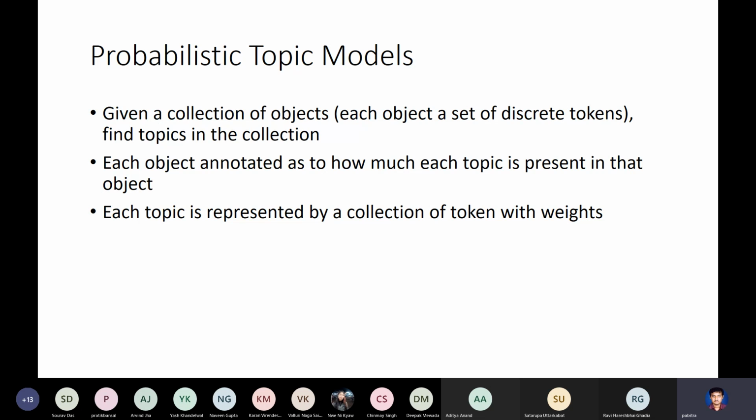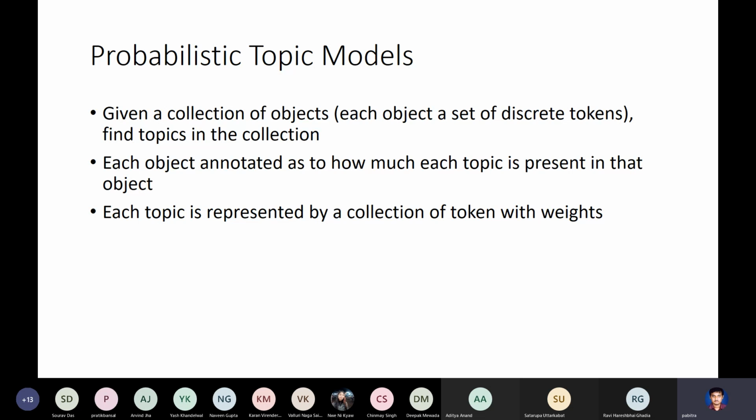So you have to automatically annotate each document with the topics associated with it, and maybe we also want to create some kind of ranking among the topics: this is the most dominant topic, this is the second dominant topic, and so on. So this is task 1.